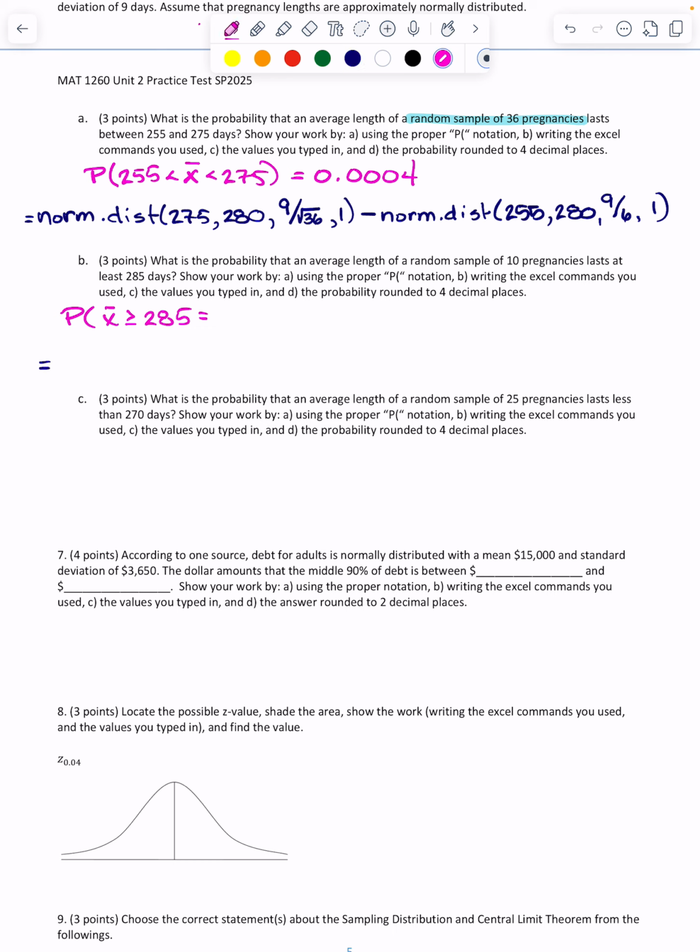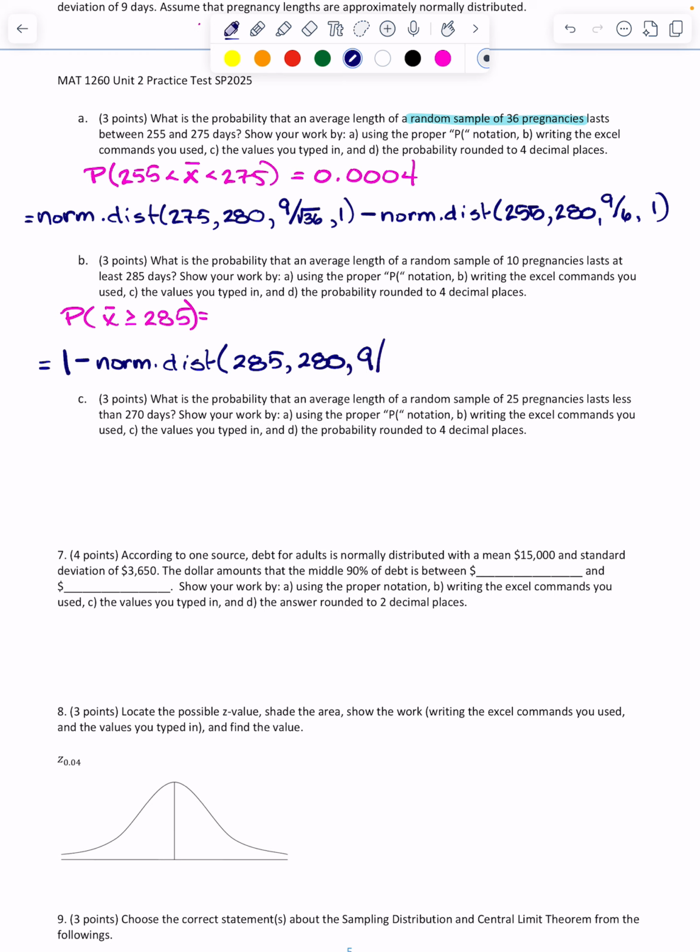Because we want the right-hand side, I want bigger than 285, I need the area to the right of 285. We still remember that the norm.dist command gives us the left.